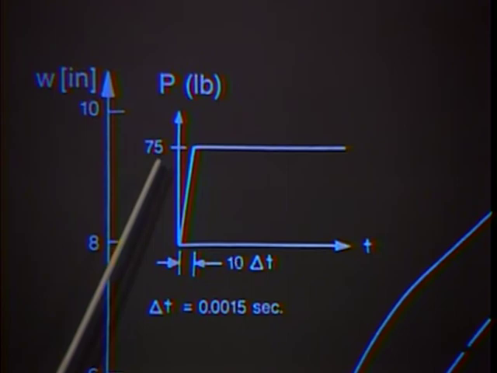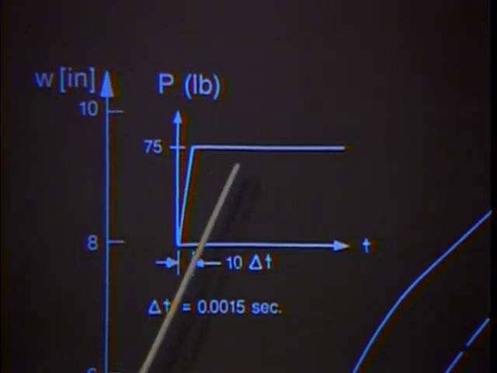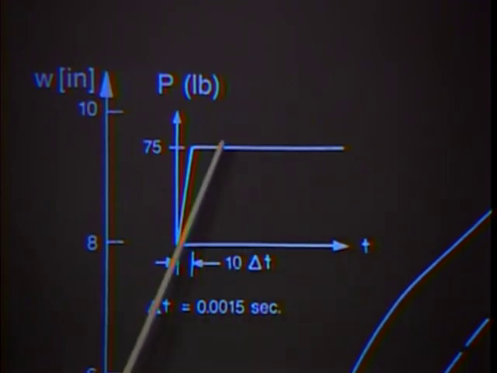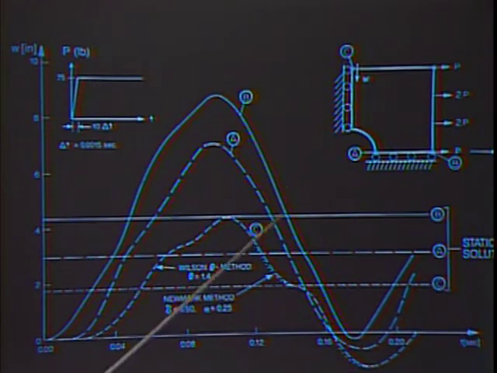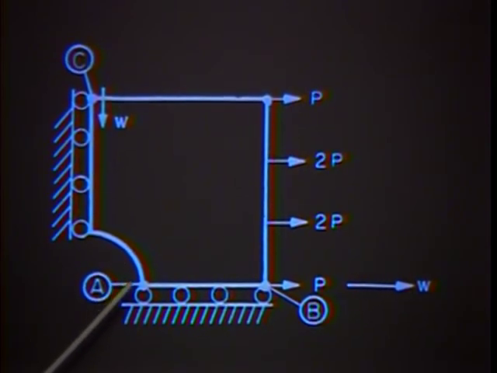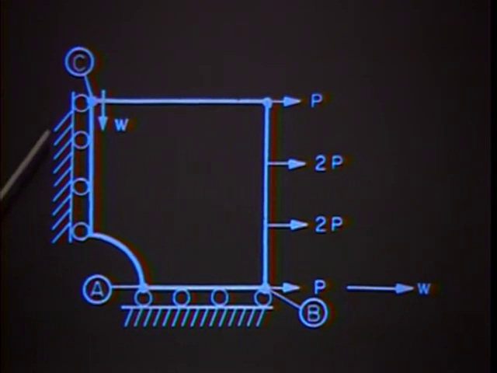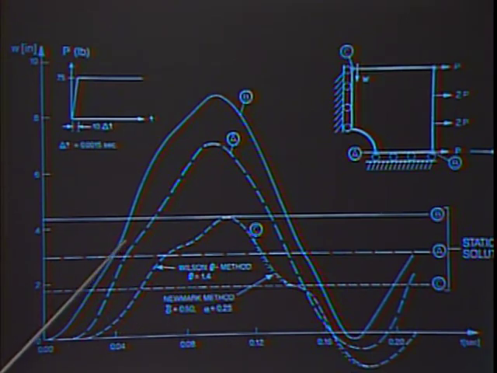It goes up linearly to 75 pounds per square inch, and then it stays constant. Once again, we're looking at the displacements at point B, point A, W displacements here, and at point C, downward displacement, again denoted as W. Here you see the solution response, point B, point A, and point C.